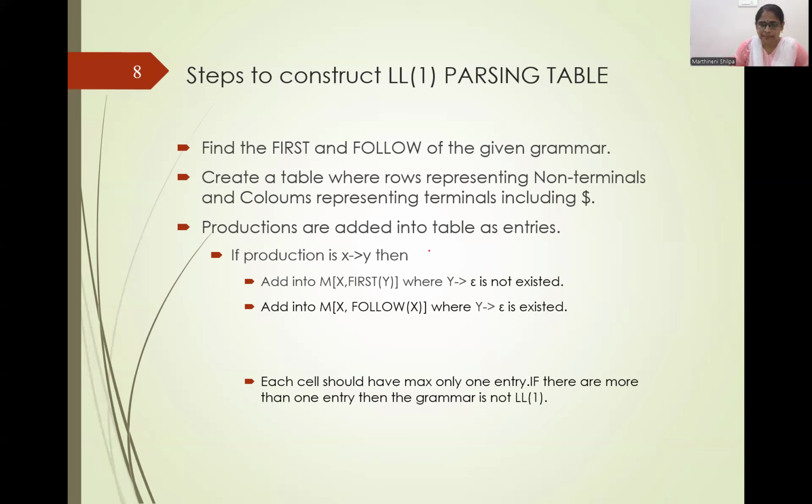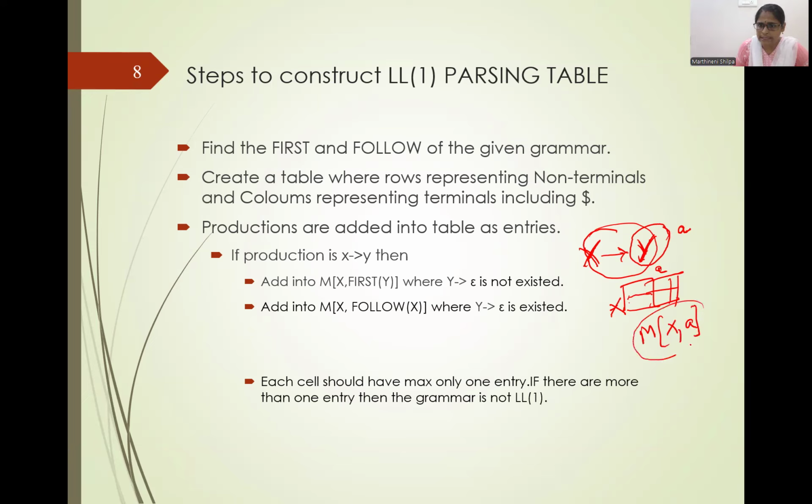For example, if this is a production, X deriving Y, then this is the LHS and Y is the RHS. In the table, X represents this row, and the first of Y is some terminal, a. Then this production is to be placed in the cell X comma a, in the row X and column a.